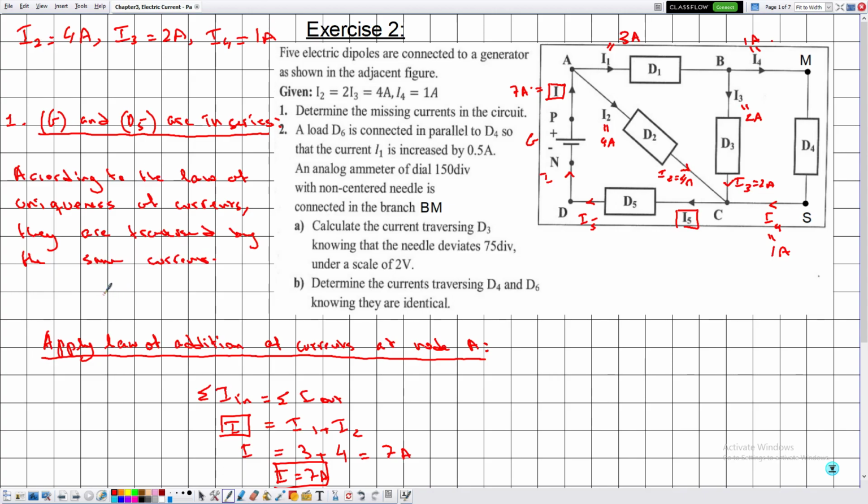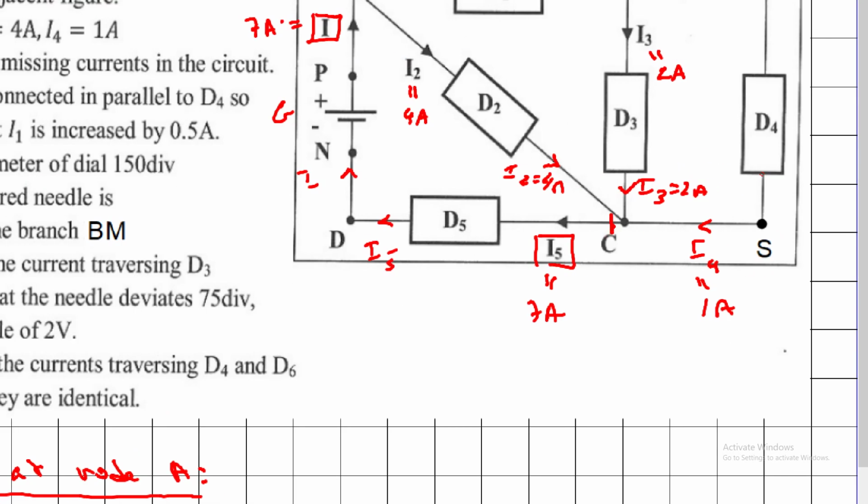So in this case, I is equal to I5 is equal to 7 amperes. So the value of I5 is equal to 7 amperes. And notice that if you apply the law of addition of currents at the node C, we have that 4 plus 2 plus 1 is equal to 7, which is I5, okay?